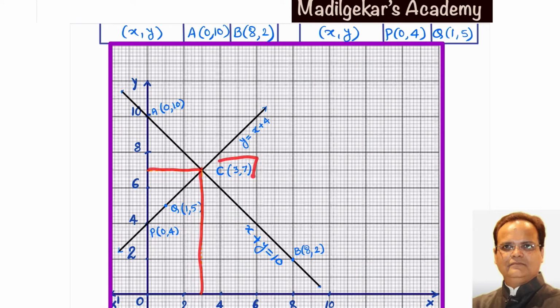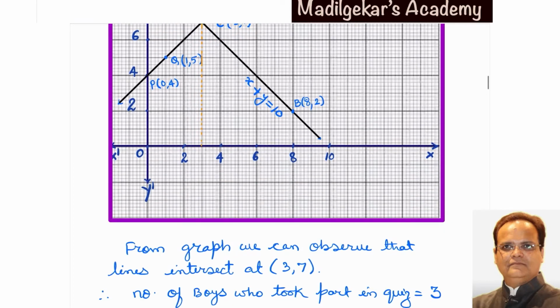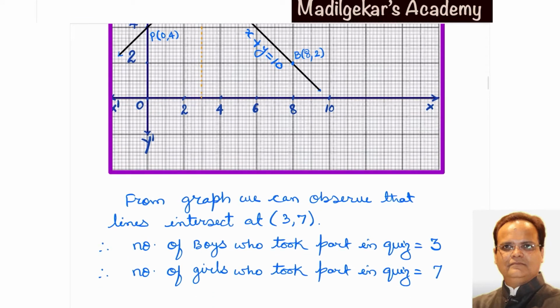So let this point be C (3, 7). From the graph, we can observe that the lines intersect at the point (3, 7). So the first value is of x and the second value is of y. So here we can conclude the answer: the number of boys who took part in the quiz is 3 and the number of girls is 7.